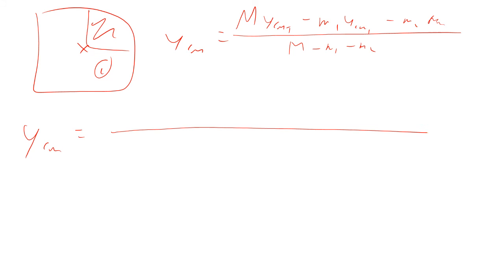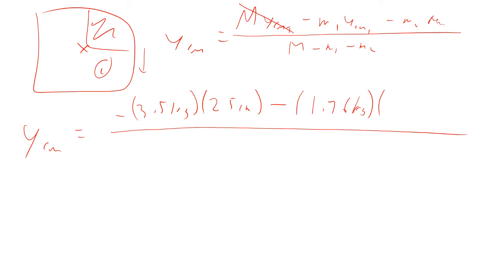Well, that's going to be equal to, once again, 0 if I put my origin in the middle, so this will be minus the 3.5 kilograms times the y here, which is 25 centimeters, minus the other one, which is 1.76 kilograms times, well, its y center of mass is a negative 25 centimeters, divided by 14 kilograms minus 3.5 kilograms minus 1.76 kilograms.